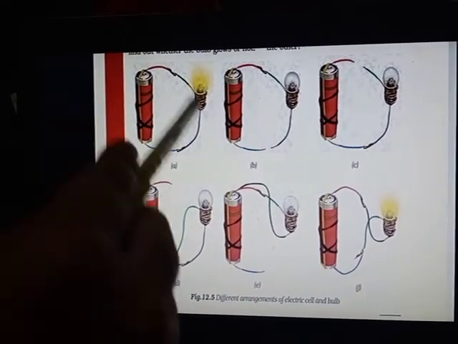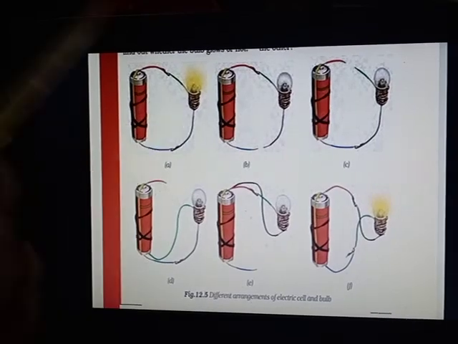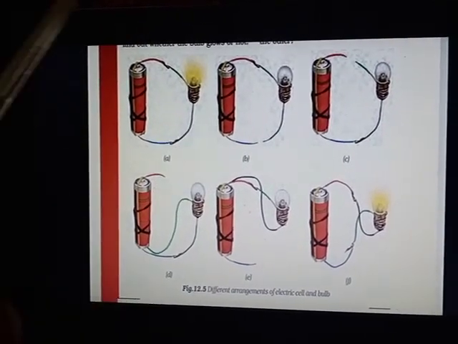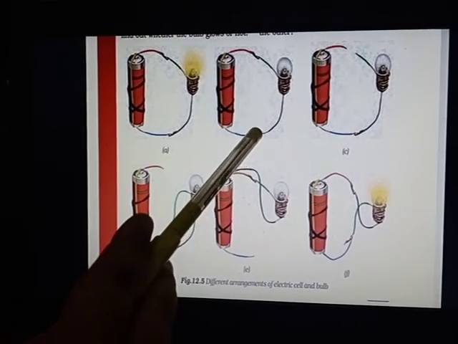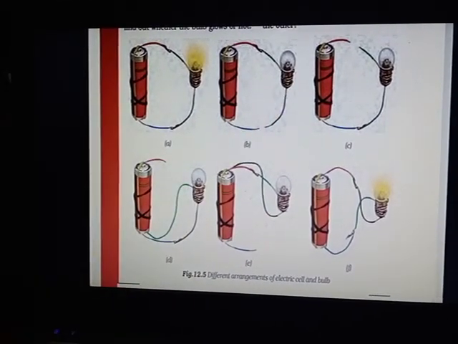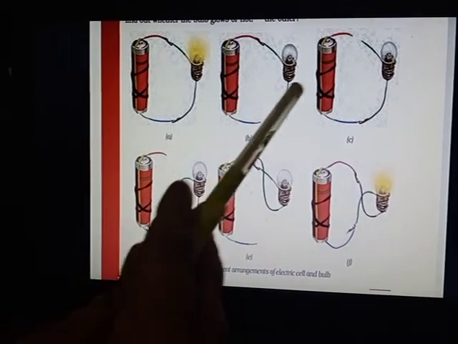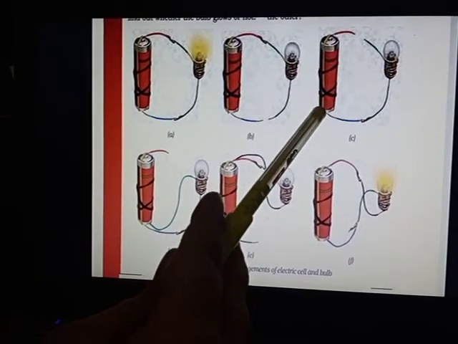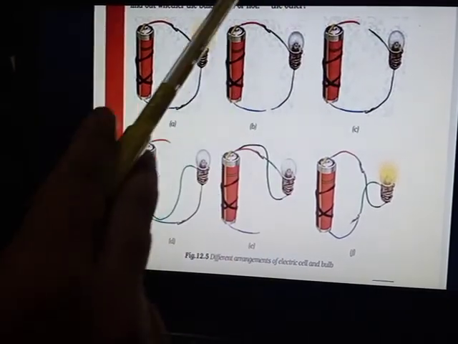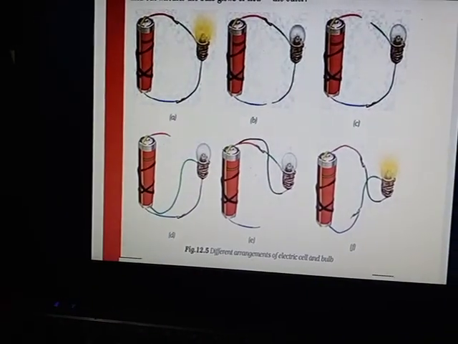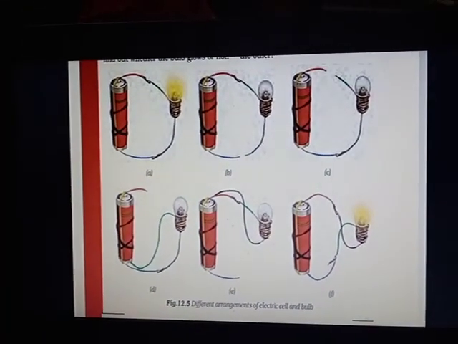So the circuit is closed and the bulb will glow. In this also, the circuit is complete, but here the circuit is broken. So the bulb will not glow in this condition. Similarly, in this condition, at the negative terminal the circuit is complete, but at the positive terminal the circuit is broken. So here also the bulb will not glow.